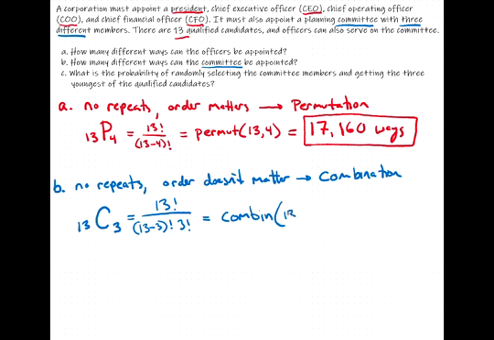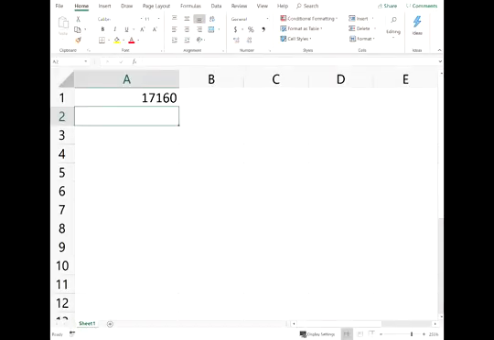Again, out of 13, we're picking 3. Okay, so we pull up Excel again. So if I just type the letters COM, there's only 3 functions on Excel that start with COM, and the first one looks like the one we want, returns the number of combinations for a given number of items.